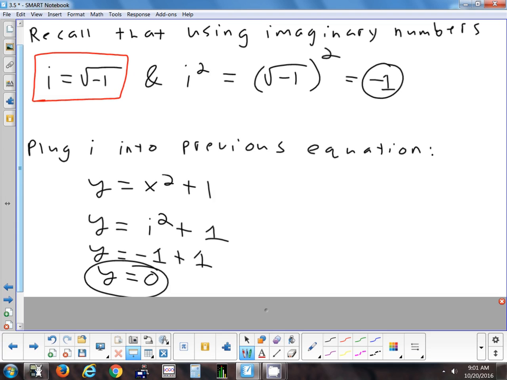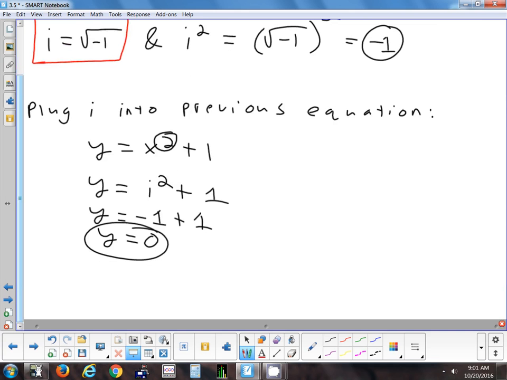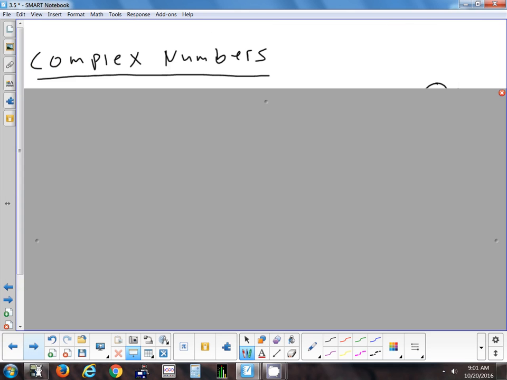Right? But there has to be a second thing, because the exponent is a 2. We'll talk about what the other answer would be in a little bit. But i is one of the answers. Okay, questions on that? So that's how you're going to see imaginary numbers come up. Okay, so now we'll do a quick review of complex numbers and how we add, subtract, multiply, and divide them.